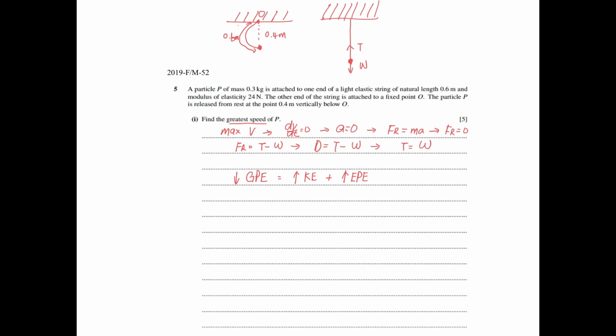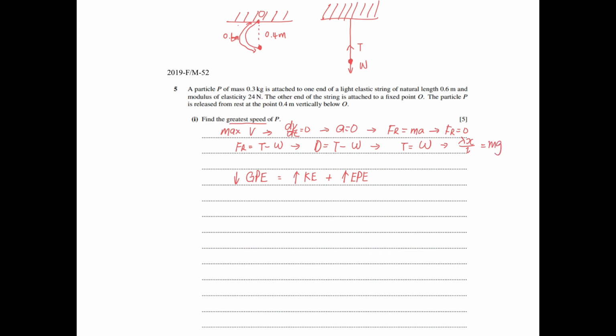T equals W. Since they give the modulus of elasticity 24 Newton, we use lambda x over L equal to W, where W is mg.